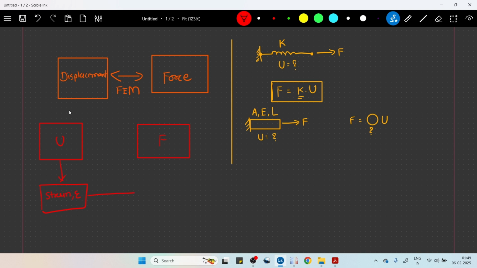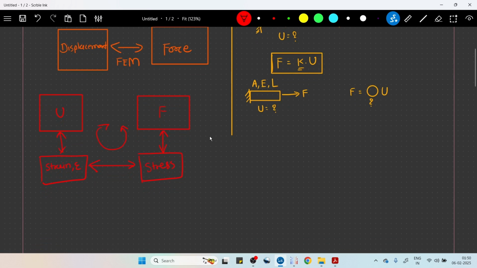From strain we can find the stress using the stress strain relation, and from stress we can easily find the force, which is nothing but stress into area. Or in reverse order, if F is known, we can find the stress, from stress we can find strain, and from strain we can find the displacement U. So it goes both ways, though it looks like a direct relationship.